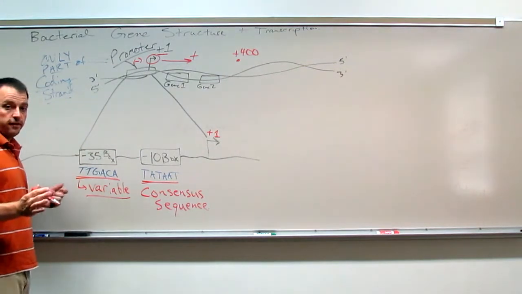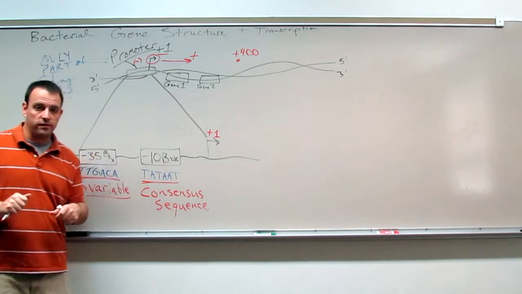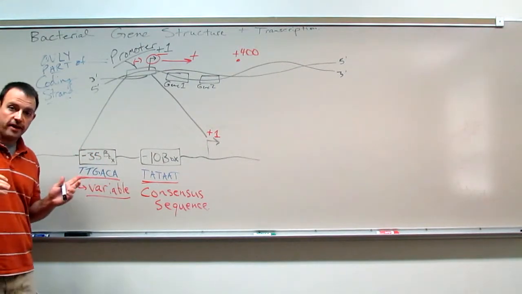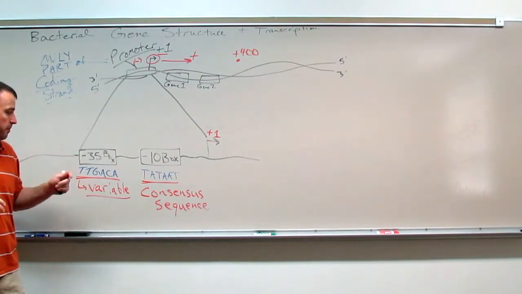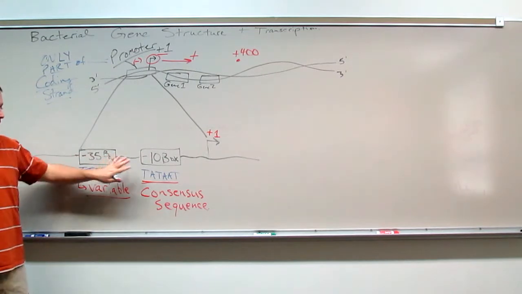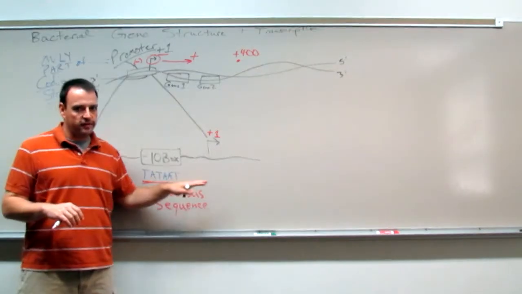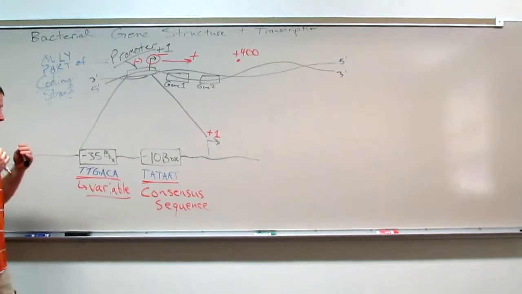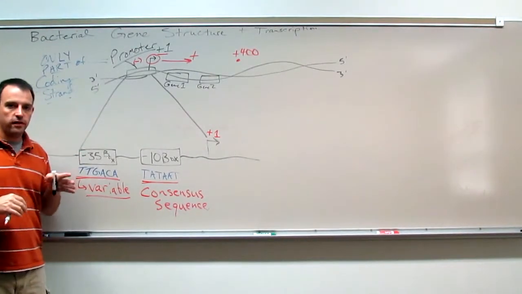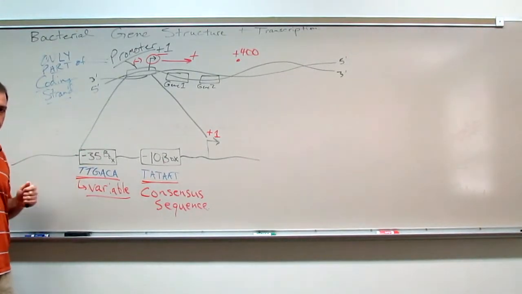So you might be asking yourself, do I want you to memorize the sequence of the boxes? No, I don't care. But you need to know that they're there. And the reason you need to know is because not all genes are on all the time. You need to be able to pick out that some genes are on at certain times, other genes are on at other times. Okay?